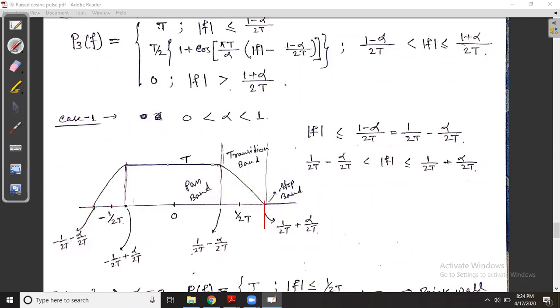That means after this point, the value of the pulse amplitude is 0. This is the interesting contribution of alpha.